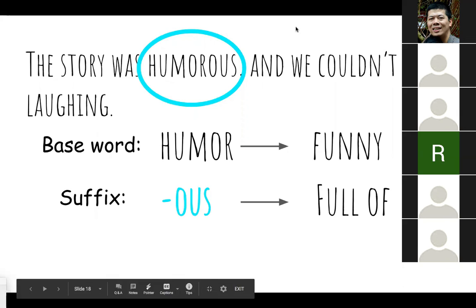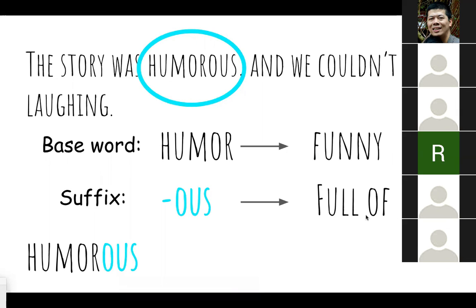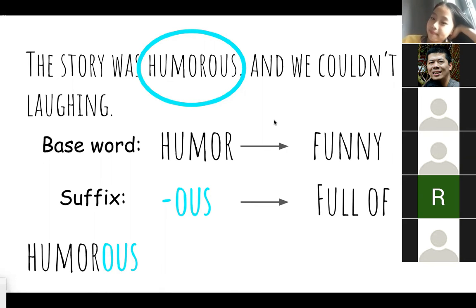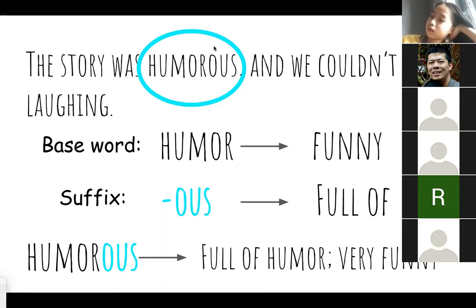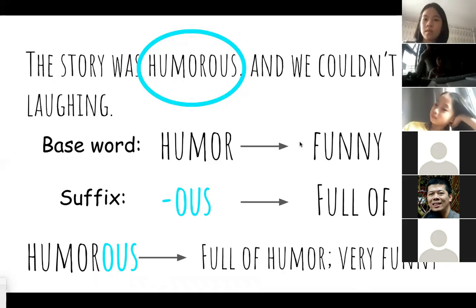And that means full of. So when something is humorous, we know that it is what? Full of funny. Okay, so we could say full of humor or very funny. Good job, Minnie. Okay. Does anyone have any questions about anything we talked about today?